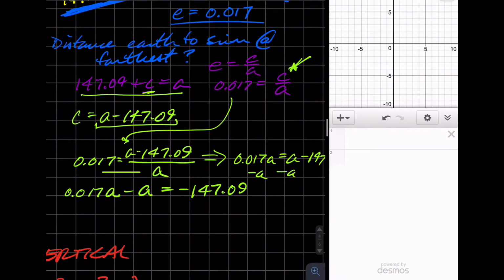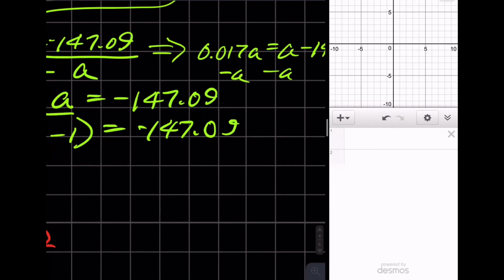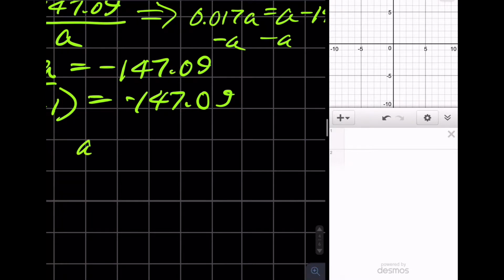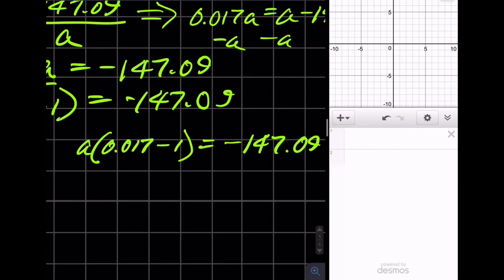Then I'm going to factor A from both of these terms, excuse me. A times 0.017 minus 1. And so I get the following. I'm just copying it down because I shifted because I'm tight in this little space here.